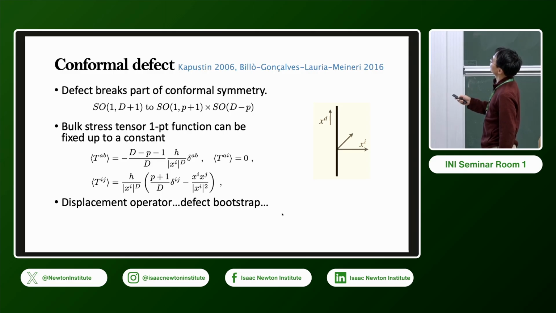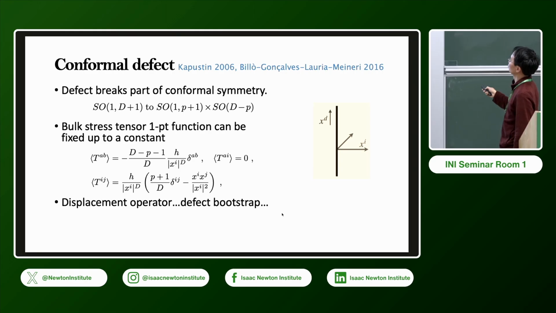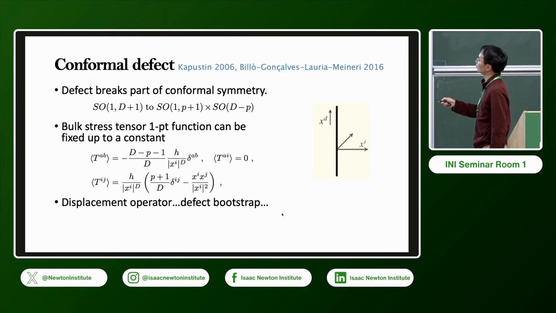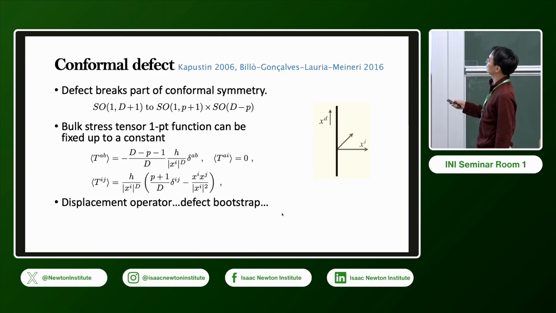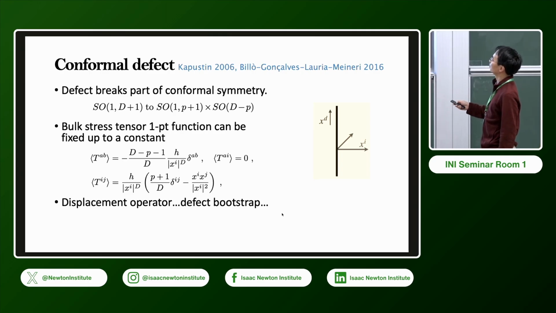From these authors, we know this defect breaks the conformal symmetry down to the part along this defect and the part transverse to this defect, namely the rotation symmetry. So the symmetry is broken. And you can work out the one-point function of the stress tensor in the presence of this defect. This is completely fixed by conformal symmetry and conservation.